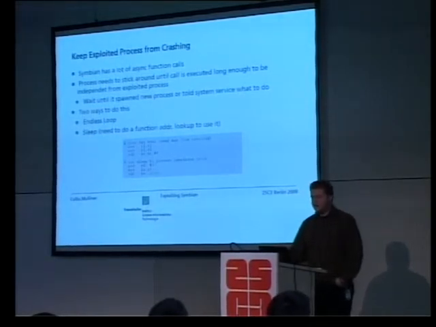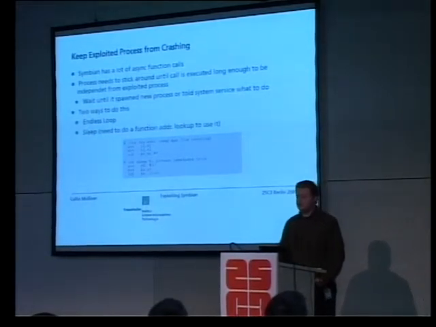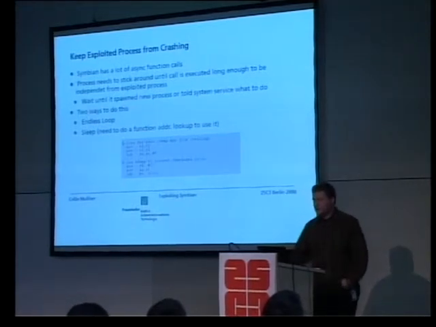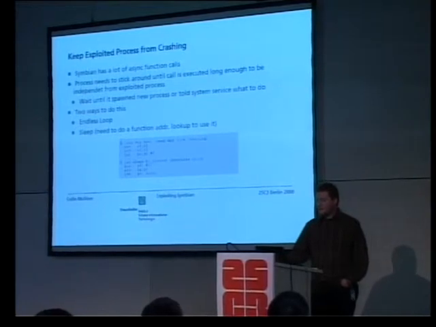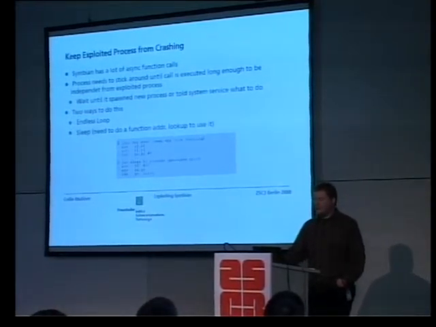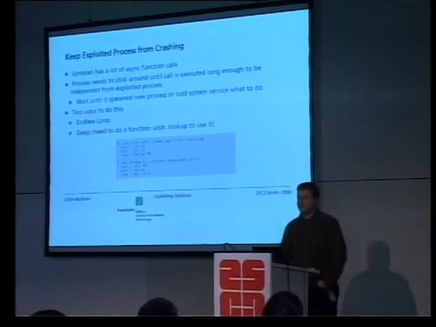So there are two simple ideas. Either you start the background process or the asynchronous call and just do an endless loop, because the asynchronous stuff is, of course, either in its own spawned process or in another thread.